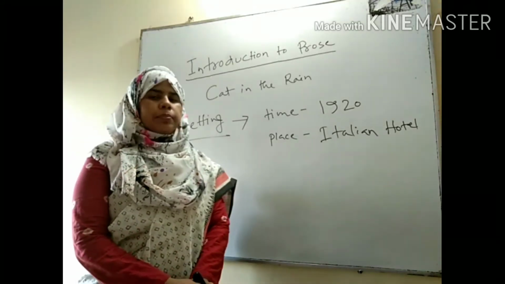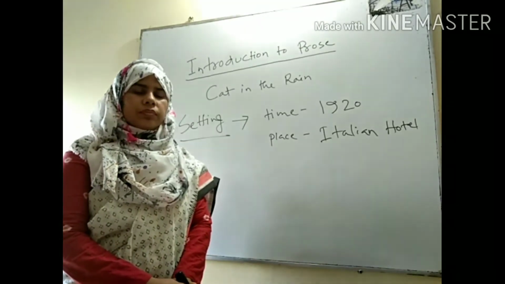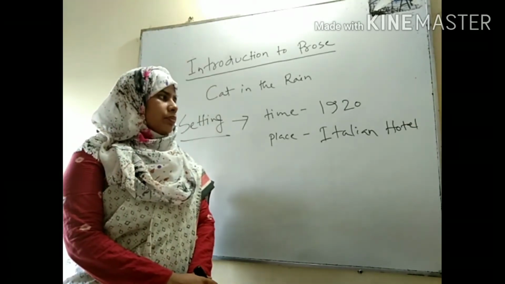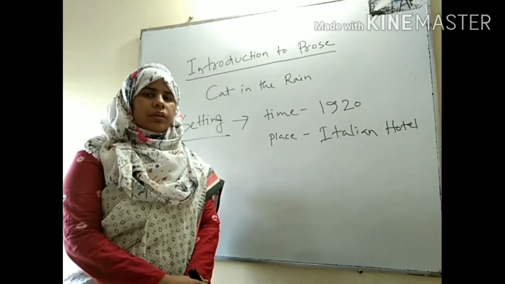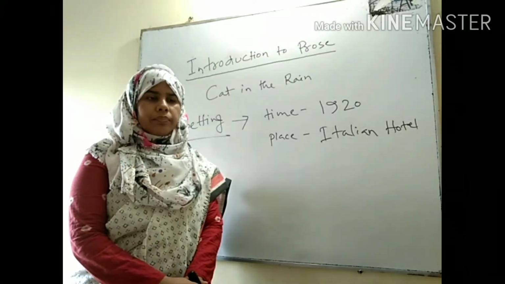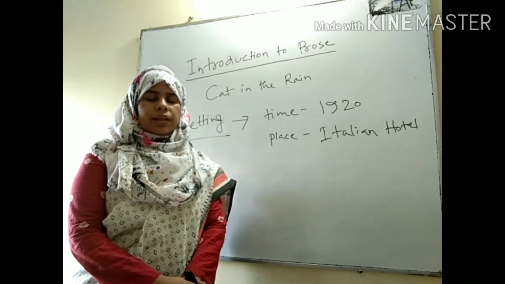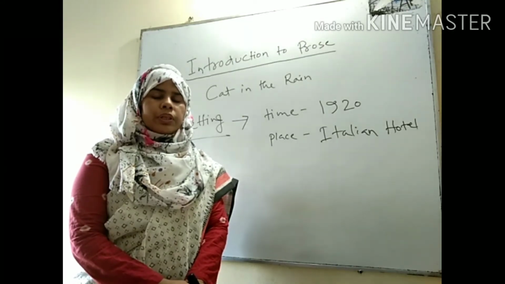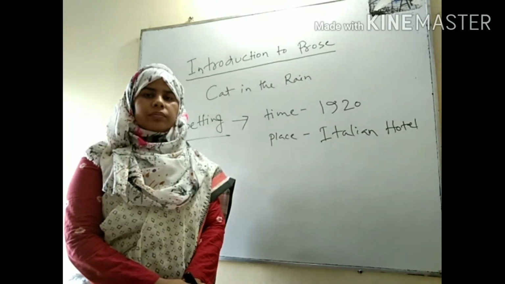So, the American couple has come to Italy to spend their vacation, but the weather of the day they put up in the Italian hotel was very bad. It was raining all the time, and due to unpleasant weather, they are compelled to stay in their hotel room. And one important thing is that they don't know anyone here.